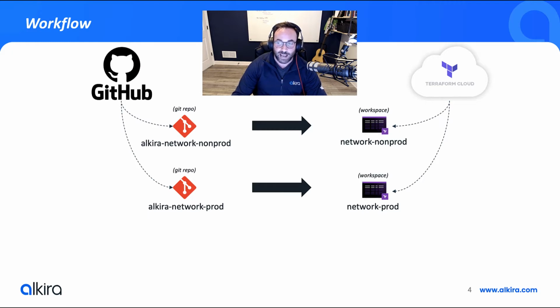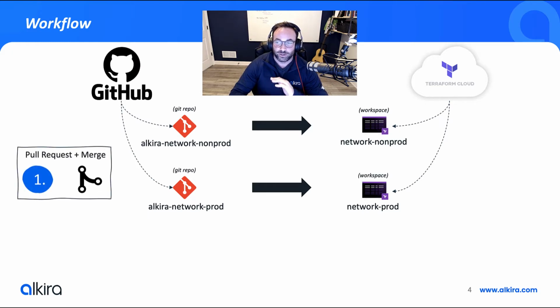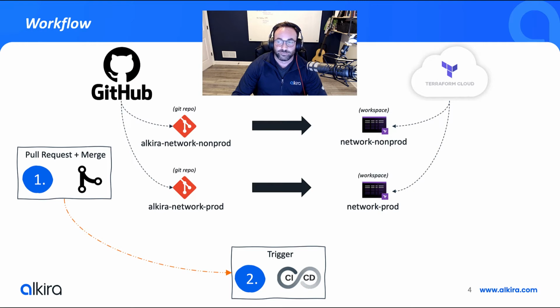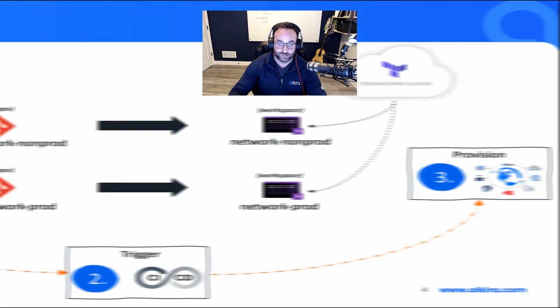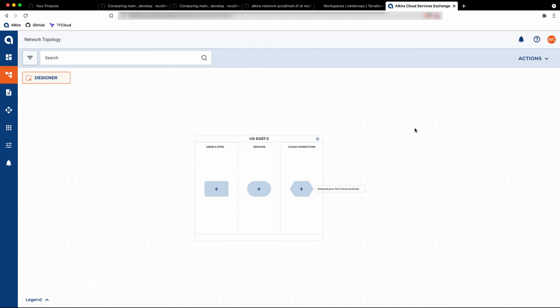So what's going to happen is I'm going to open up a pull request and merge the code from my develop branch to the main branch, which is going to mirror our hypothetical production environment. This is going to automatically trigger CI/CD, and then Terraform's going to provision any new changes to the infrastructure. In our case, for this go around, it's going to be all the changes. Let's go ahead and get started.